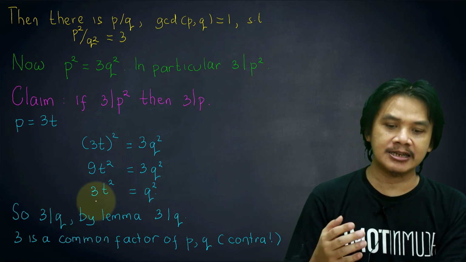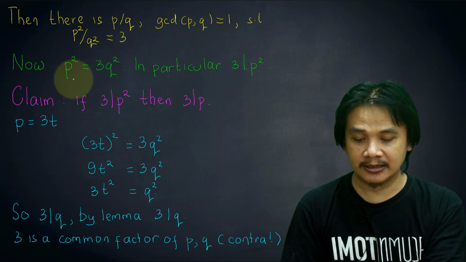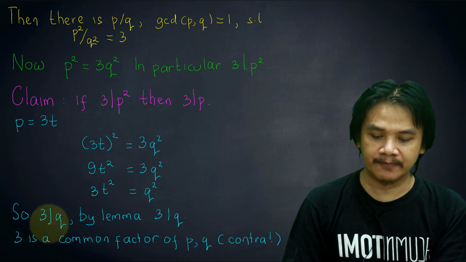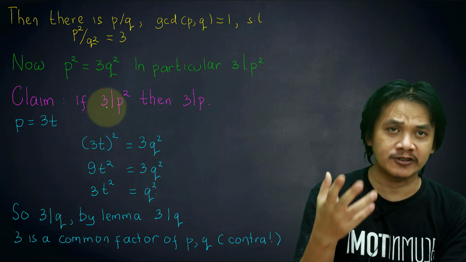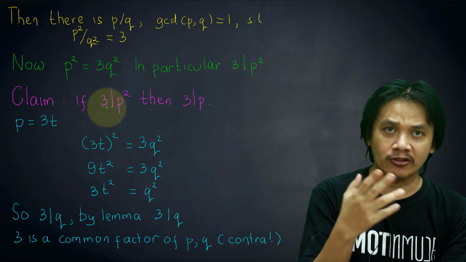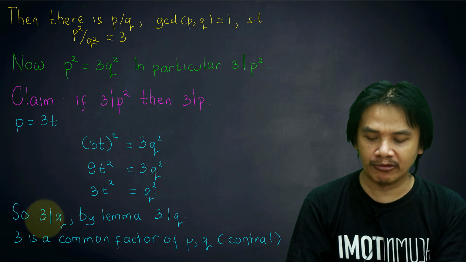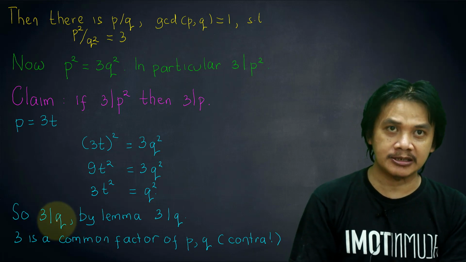Now we are in a similar situation as in the earlier equation. We can see here that 3 divides q squared. According to the lemma, if 3 divides the square of something, then 3 divides that number. So since 3 divides q squared, 3 divides q. But now we are in trouble. What is the problem?